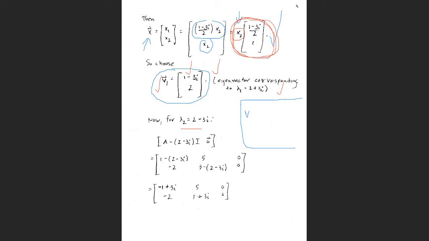Given that an eigenvector corresponding to the eigenvalue 2 plus 3i is this eigenvector v1, what do you think an eigenvector would be corresponding to the eigenvalue 2 minus 3i?